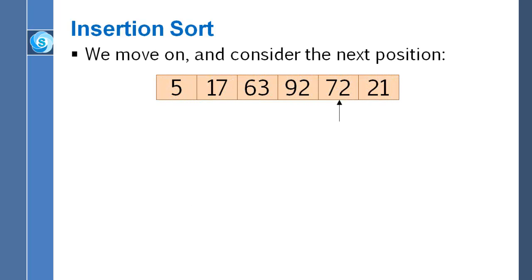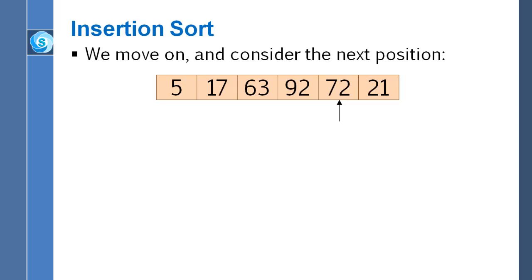Proceeding to the next entry in the array, 72. As we examine 72, we assume that everything before 72 has already been sorted, and it has. So now look at the entry immediately before 72, which is 92.